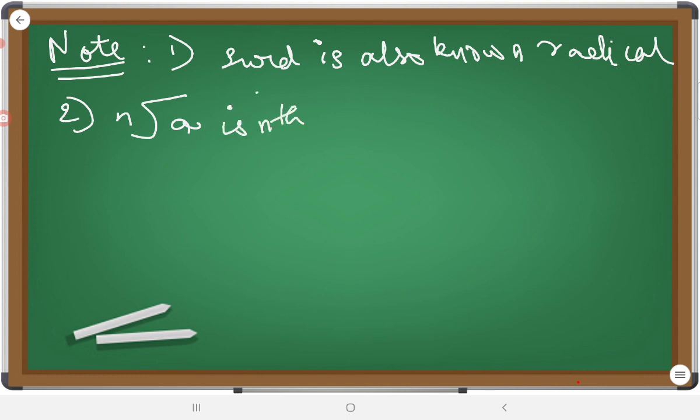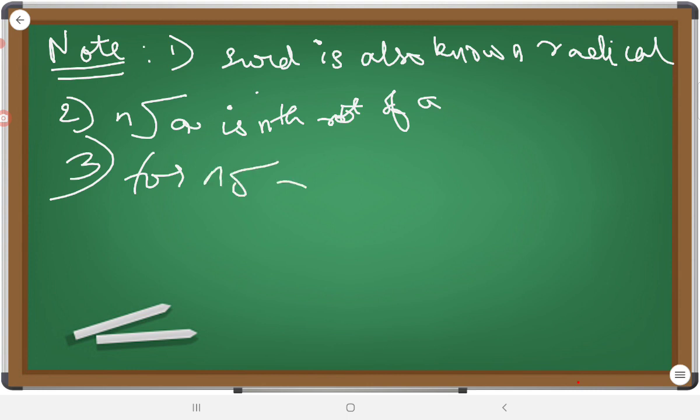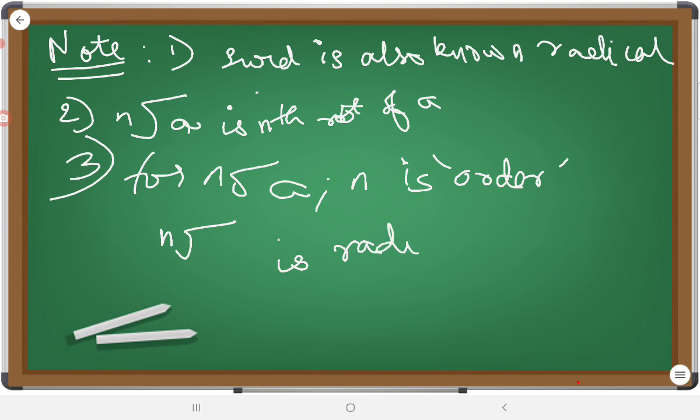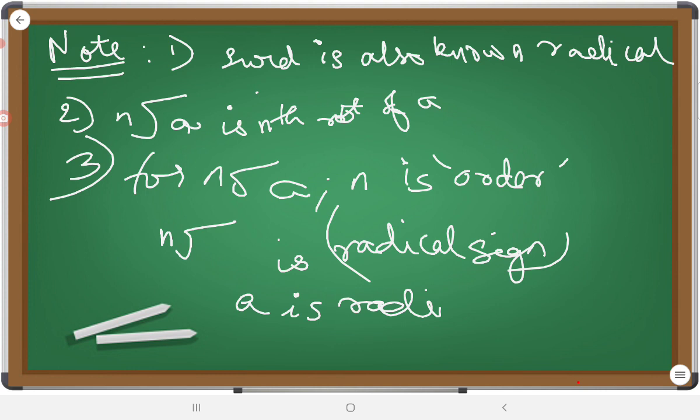In the nth root of a, n is said to be the order, and the root symbol is said to be the radical sign. Then a is known as the radicand. Very important terms, which we might get as fill in the blanks also.